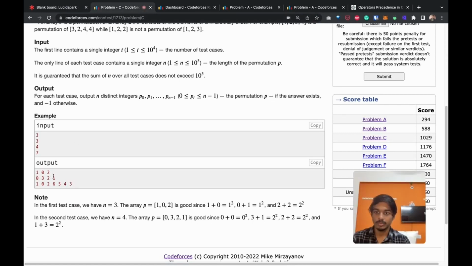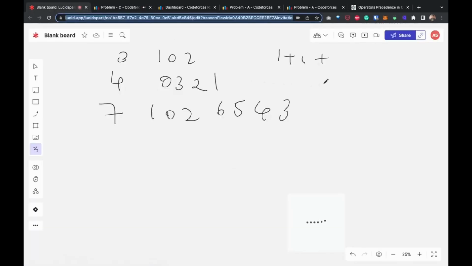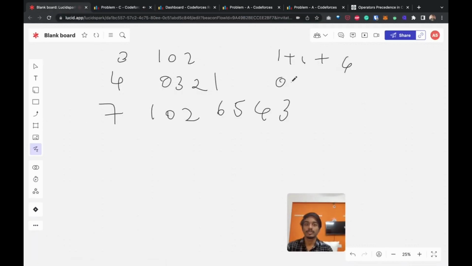So it is 0 1 2. 2 plus 2 is 4. Oh, okay. This is 0. 3 plus 1 is 4. 2 plus 2 is 4. 1 plus 4 is what? 5. Is 4.